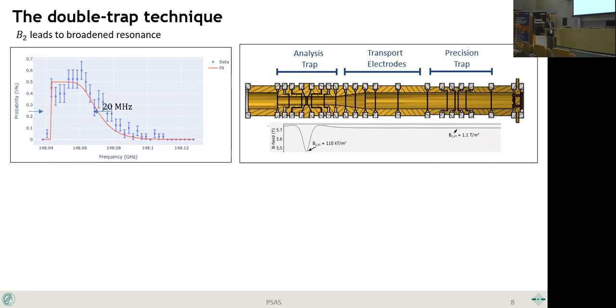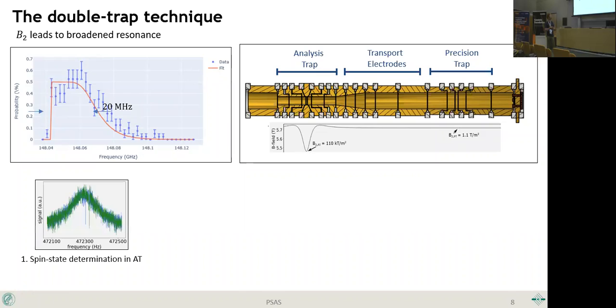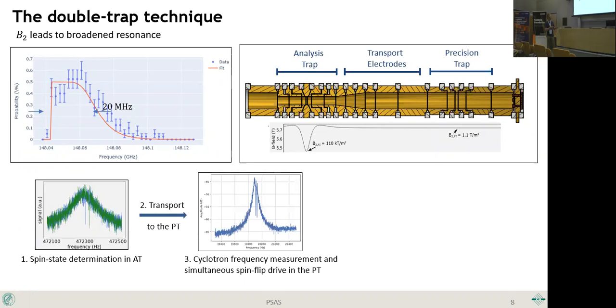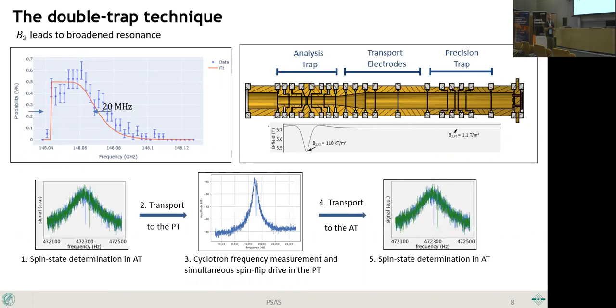So you have one trap where the B2 term is essentially very small, and then the other one where it's very high, where you can detect the spin state. So you do a spin state determination first in the analysis trap, transport it to the precision trap, do a simultaneous measurement of your cyclotron frequency while irradiating the Larmor frequency, or the spin flip drive in this case. Then you transport back to the analysis trap and check whether you changed your spin state. So it's essentially a counting experiment.